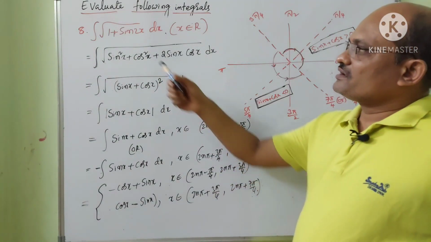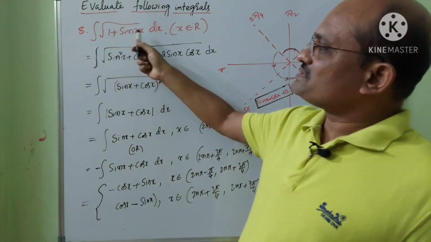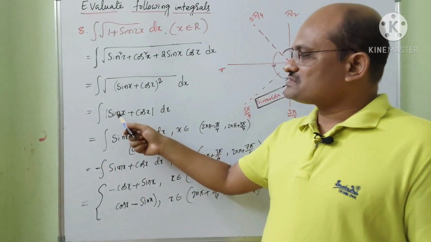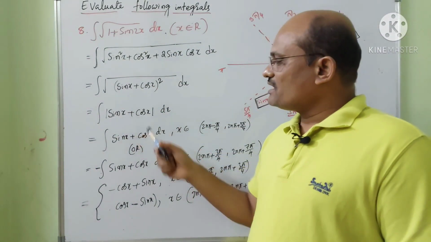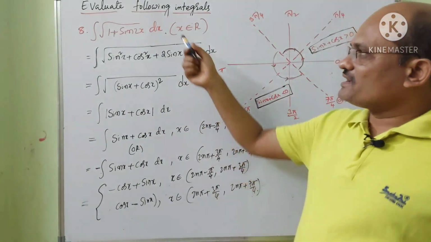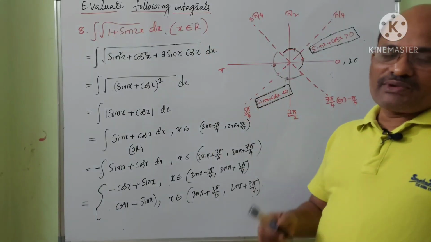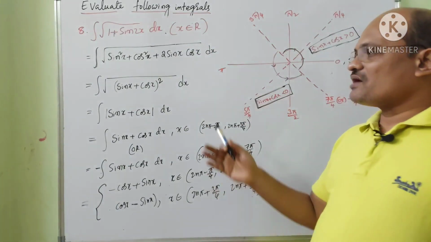So while doing integral of root 1 plus sin 2x, after simplification you will get mod sin x plus cos x. You have to see what is the given interval. Here in this problem, x belongs to R is given, means for entire real numbers you have to see.